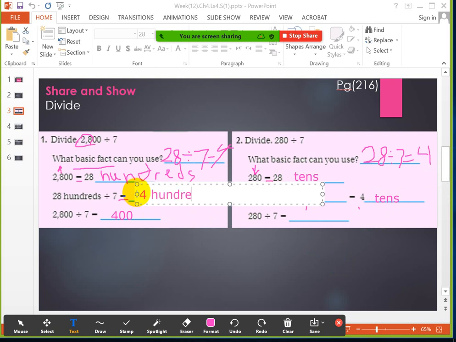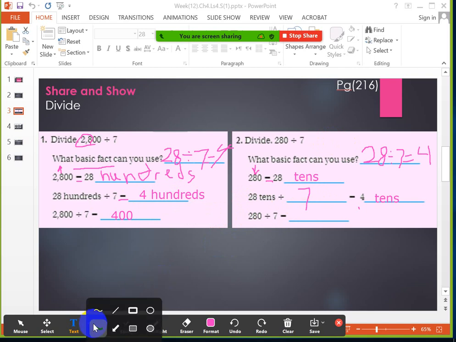That means the final answer will be what? Girls, the final answer will be what? 40. Very good. Excellent. The final answer will be 40, because 4 tenths means 4 multiply 10 equals 40. This is the final answer.